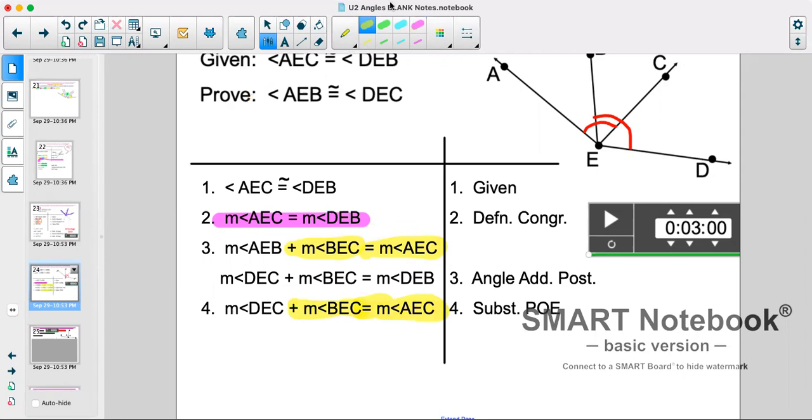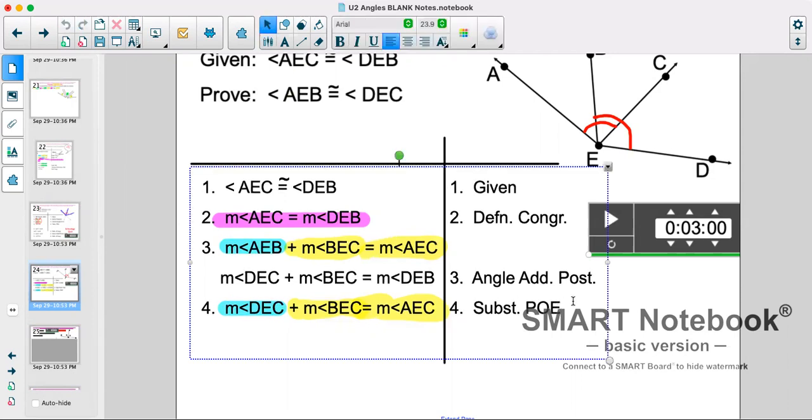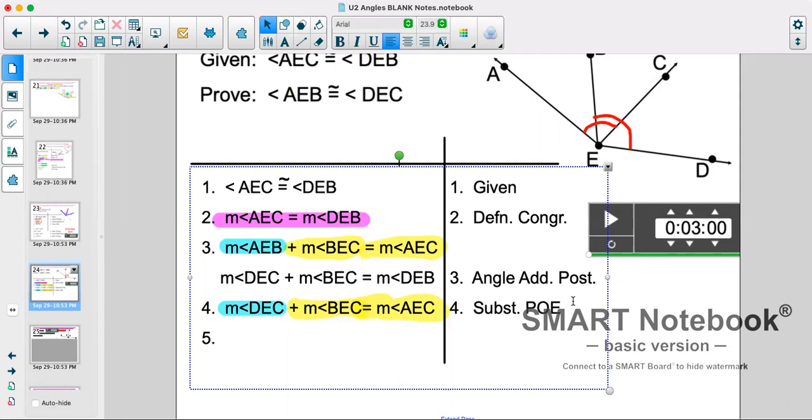So if everything else about those two equations is equal, then that's going to force these two things to also be equal. Okay. And why are they equal? The measure of angle AEB is equal to the measure of angle DEB. Why is that possible? That is possible because of the transitive property of equality.